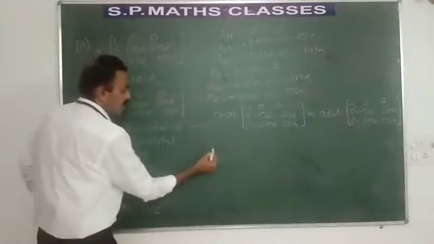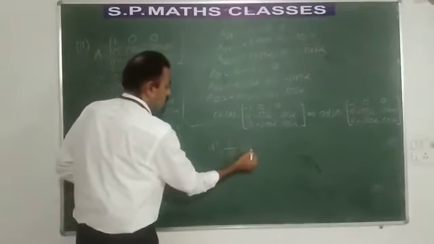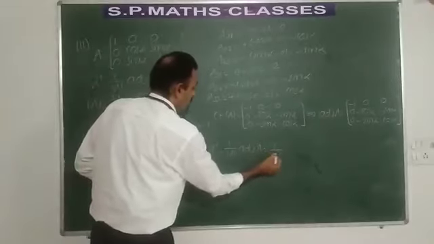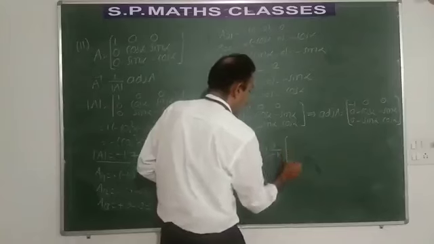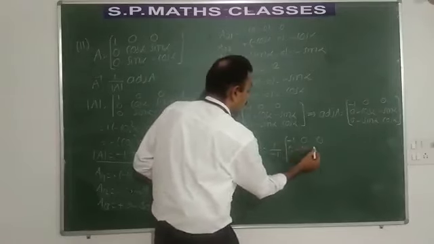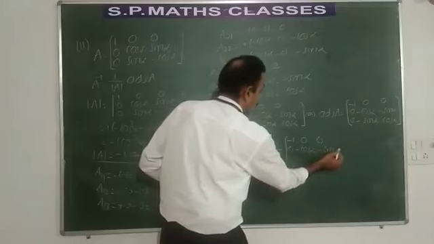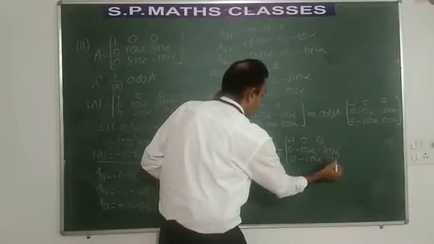Now, what is A inverse? A inverse is 1 by determinant A into adjoint A. What is 1 by determinant A? Determinant A is minus 1 into minus 1, 0, 0, 0 minus cos alpha minus sin alpha, 0 minus sin alpha cos alpha.